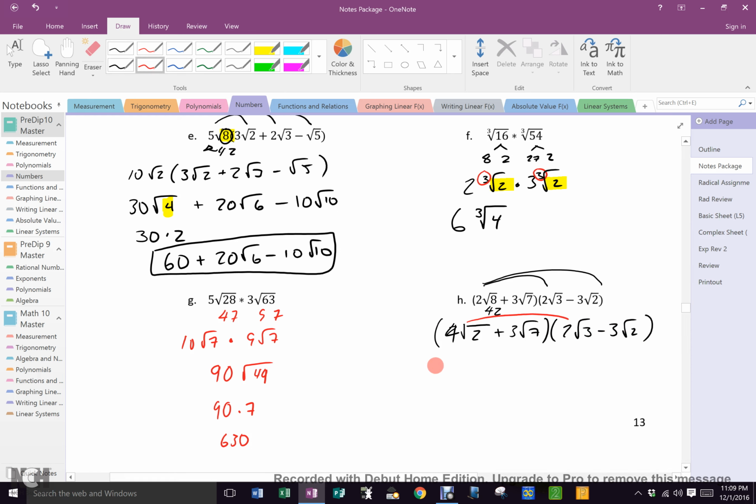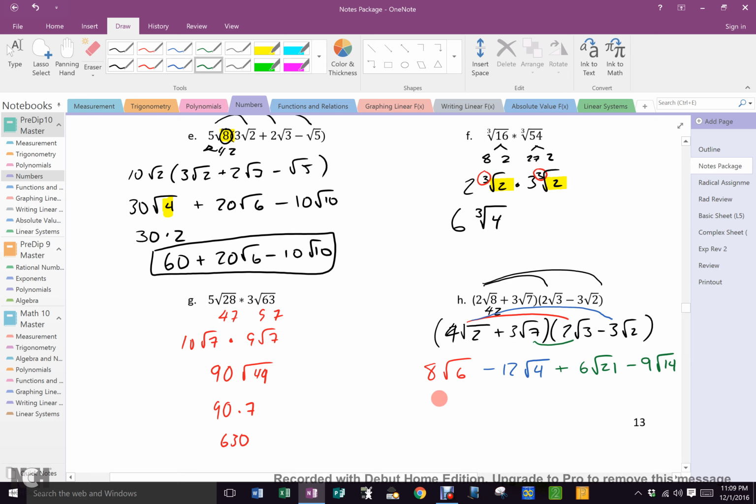First one right there. 8 root 6. Second one, minus 12 root 4. I know what root 4 is, but I'm just writing it out so I don't screw it up. Plus 6 root 21, minus 9 root 14.